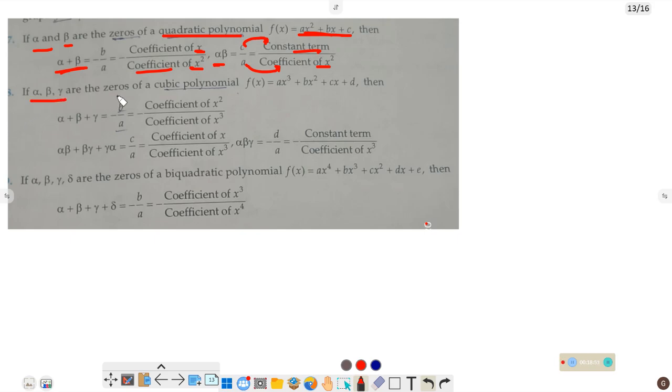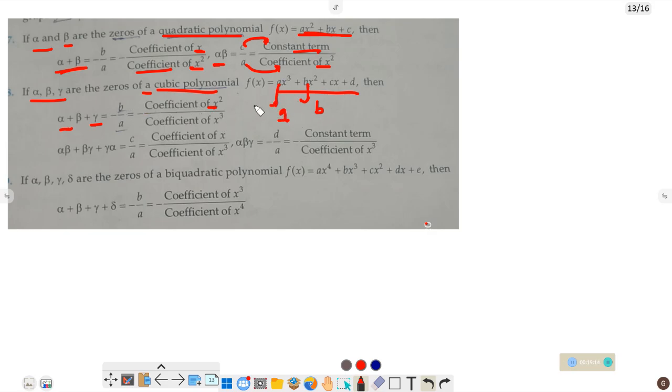Alpha, beta, gamma are the zeros of a cubic polynomial. This is the expression of a cubic polynomial. The sum of zeros equals minus b upon a, that is minus the coefficient of x square, where the coefficient of x square is b and the coefficient of x cube is a.